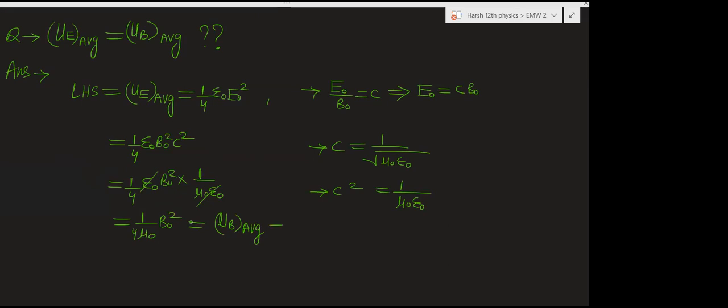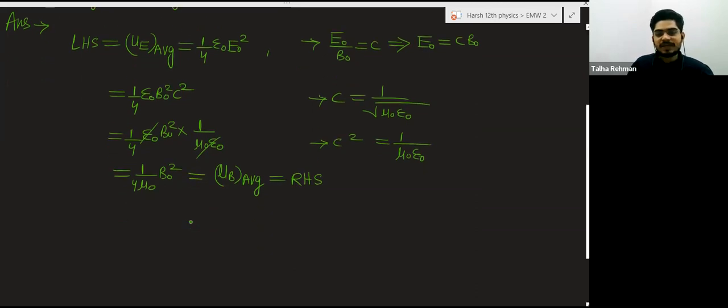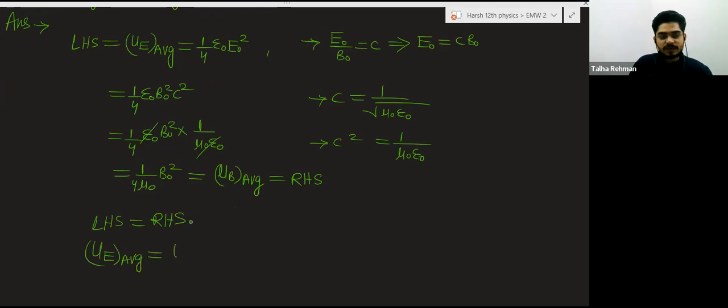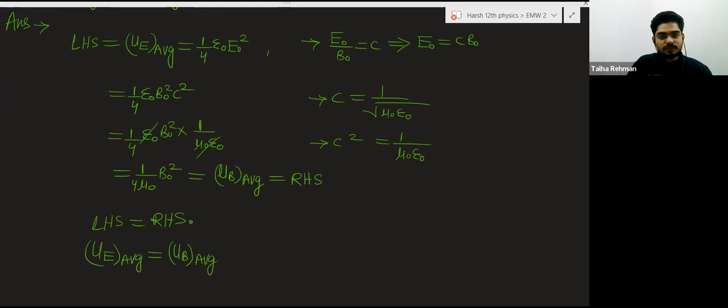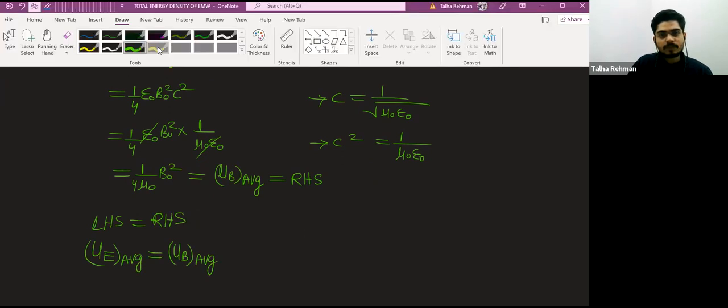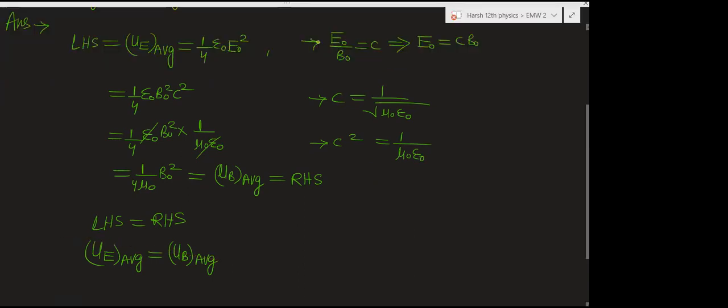So basically you can say left hand side is equal to right hand side, which means the energy density corresponding to the electric field is equal to the energy density corresponding to the magnetic field. So these values are equal, remember.